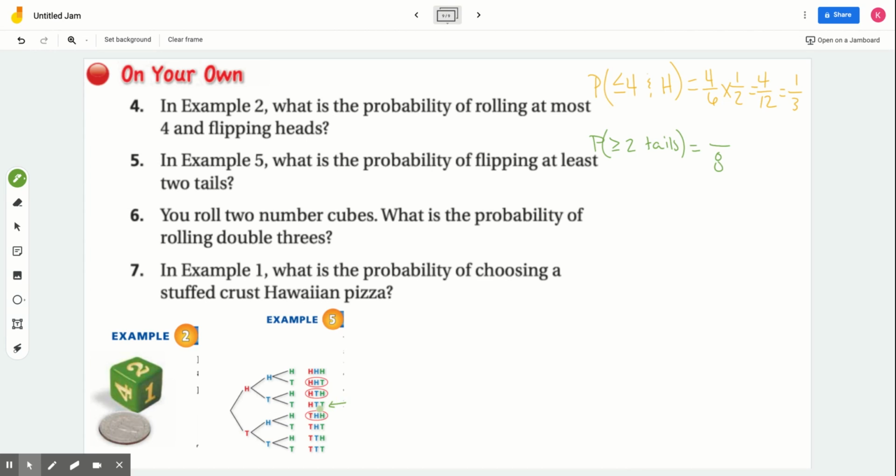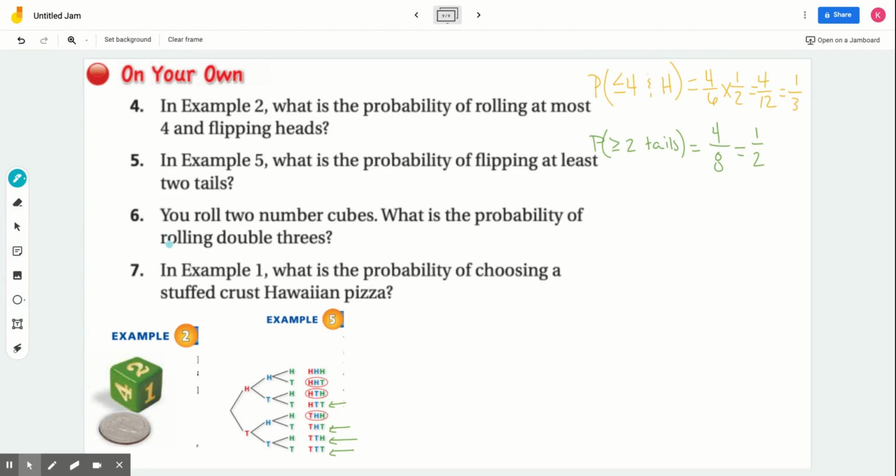Here, heads, tails, tails, that's 2 tails. Here, tails, heads, tails has 2 tails. Tails, tails, heads has 2 tails. And tails, tails, tails has 3 tails, which is more than or equal to 2. So we can see that there are 4 favorable outcomes that have at least 2 tails. So 4 out of 8 is equal to 1/2. So the probability of this happening is 1/2.